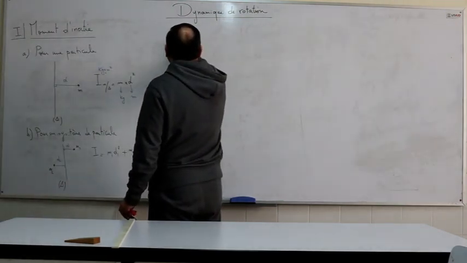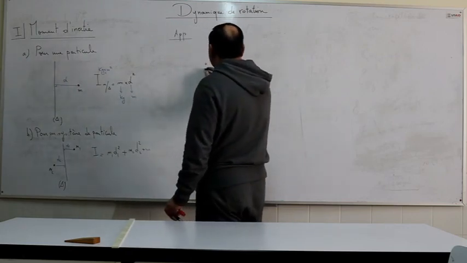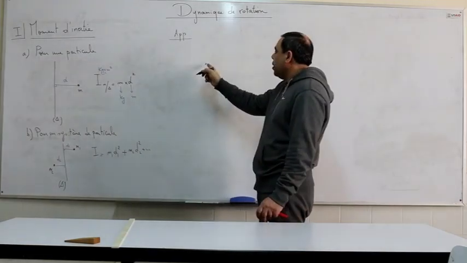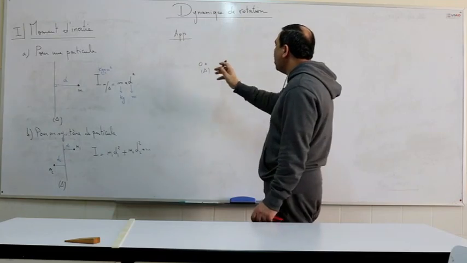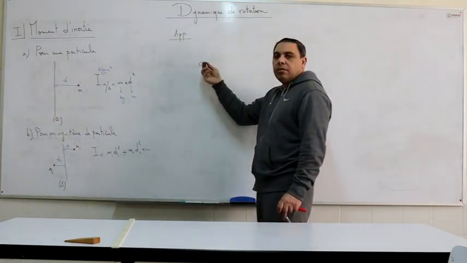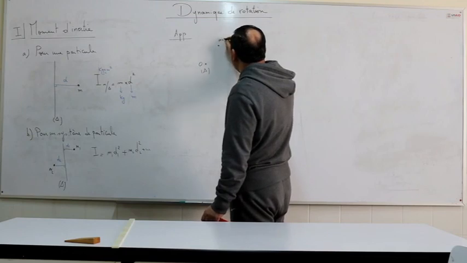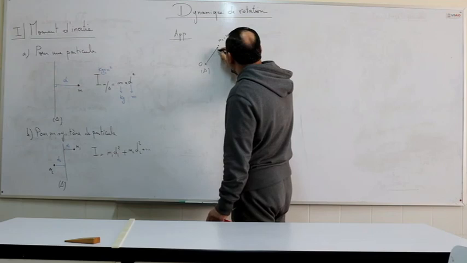Let's take an application. For example, this is the axis of rotation delta that passes through a point O and is normal to the whiteboard, like this. A particle of mass m1 equals 10 grams rotates around delta at a distance of 2 centimeters.